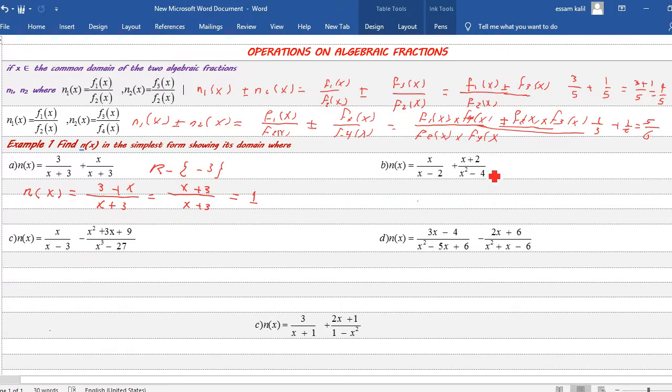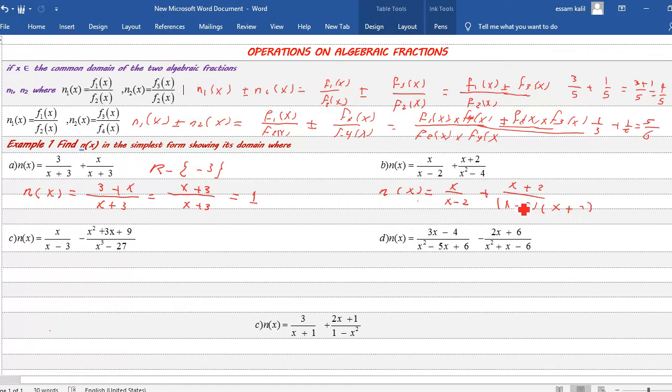First, make the factorization of the denominator, writing n of x equals x over x minus 2 plus x plus 2 over, make the factorization, x minus 2 times x plus.